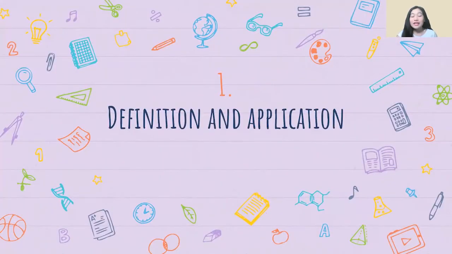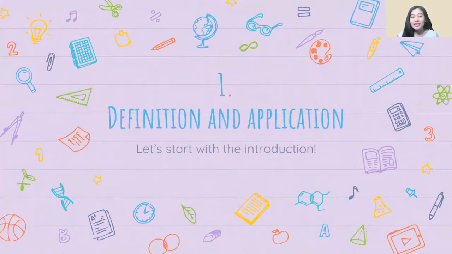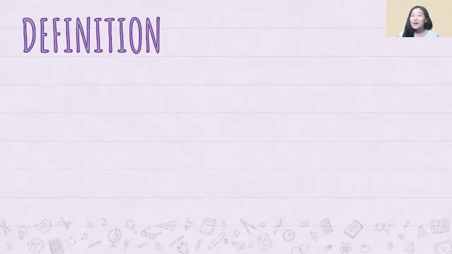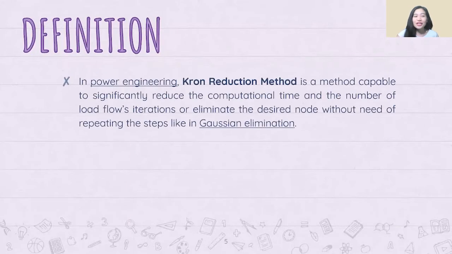So starting off with the definition and our application, let's start with our introduction. Our Kron reduction method in power engineering is known to be a method capable of significantly reducing the computational time and the number of load flow iterations and eliminating the desired load without the need of repeating the steps like in Gaussian elimination.